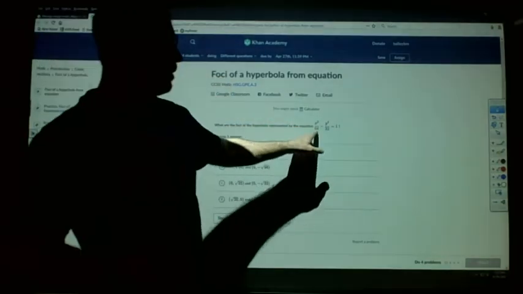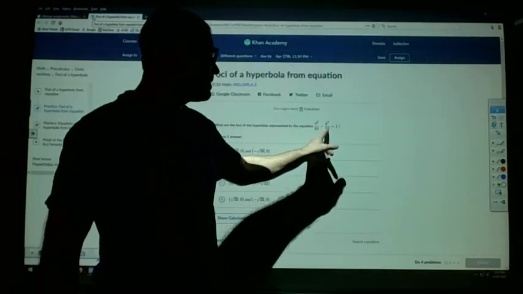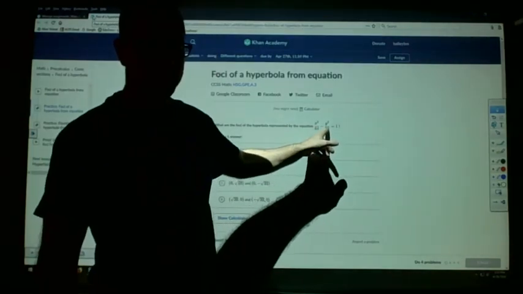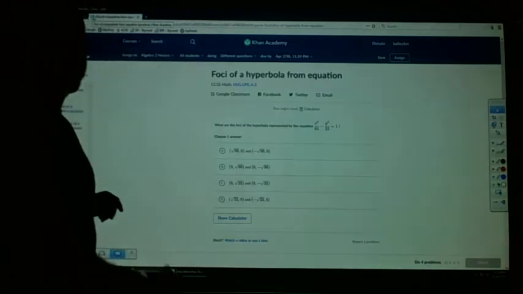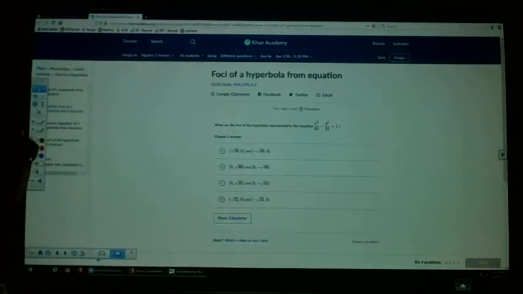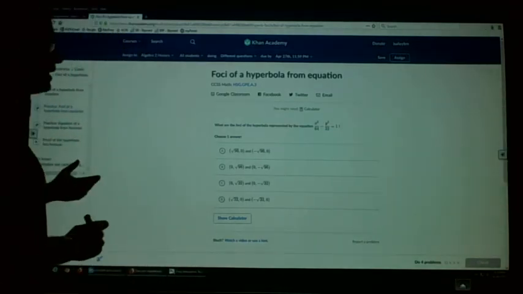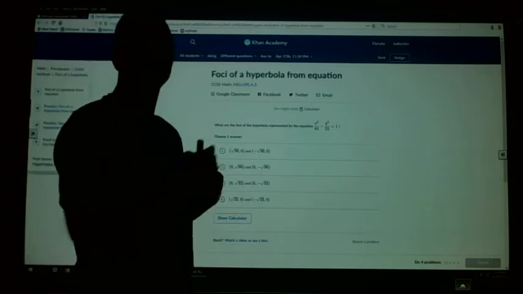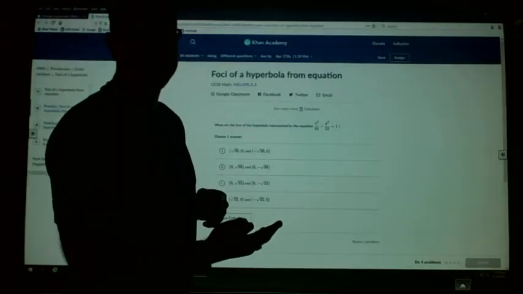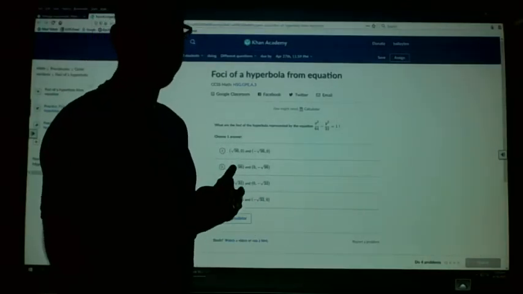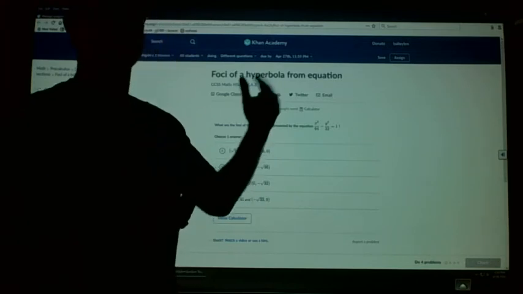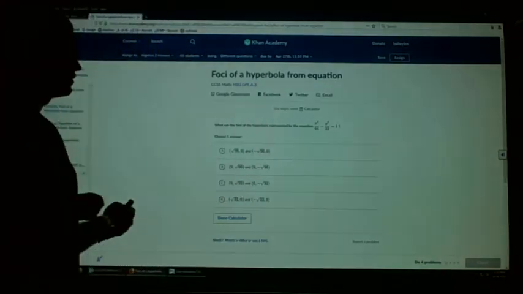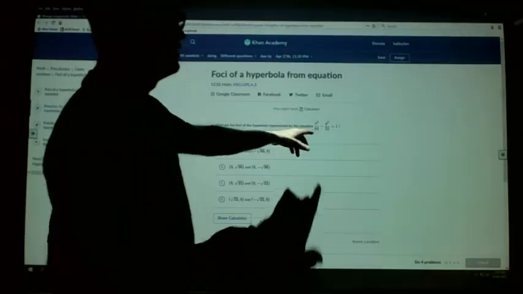They're giving me the equation, which means I have a squared and b squared. The foci are going to be the center plus or minus c along the axis of orientation, vertical or horizontal. So let's look at this one. First, let's find c.